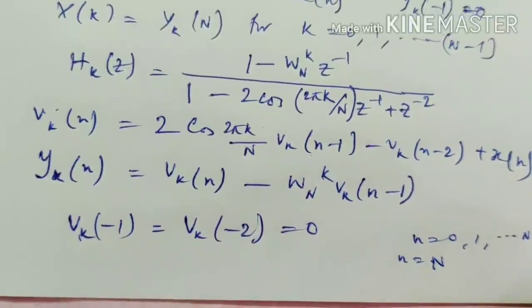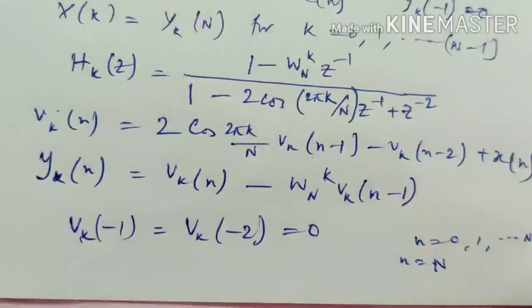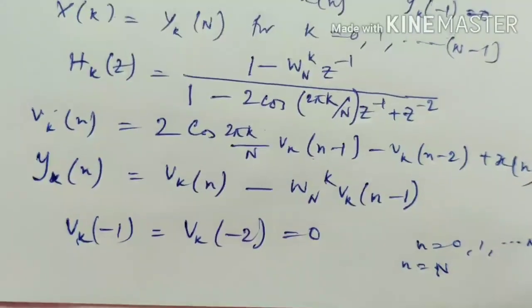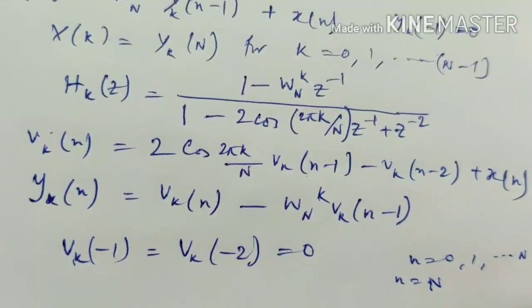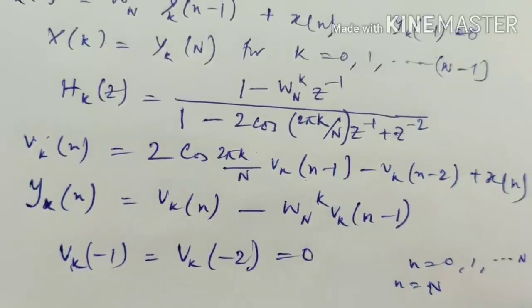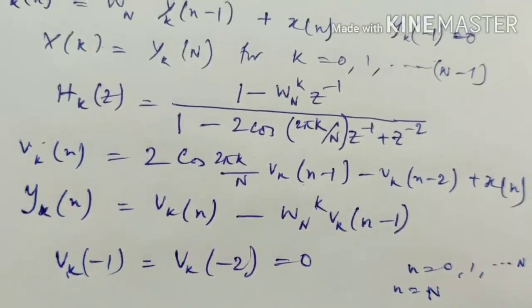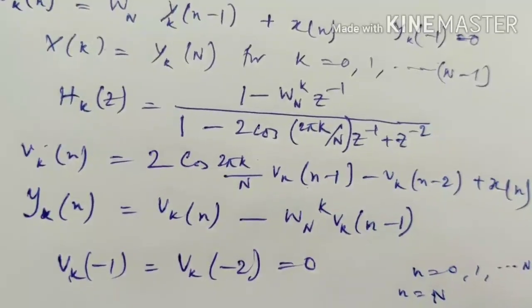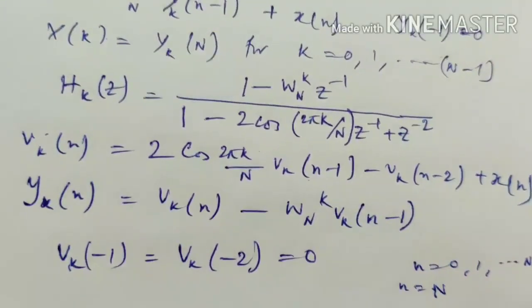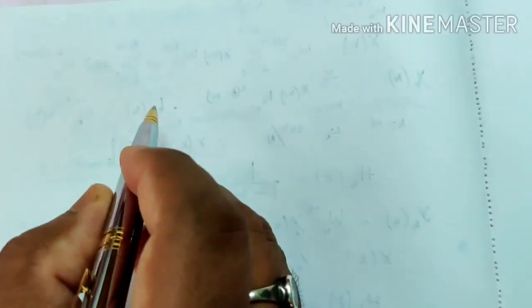Consequently, for a real input sequence x(n), the algorithm requires N plus 1 real multiplications, and yields not only x(k) but also, due to symmetry, x(N minus k). So the direct form 2 realization of the two-pole resonator for computing the DFT is represented like this.